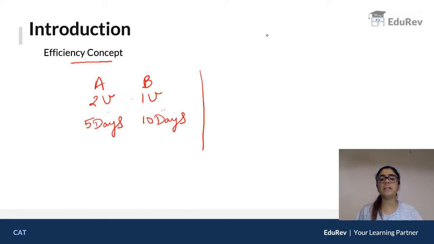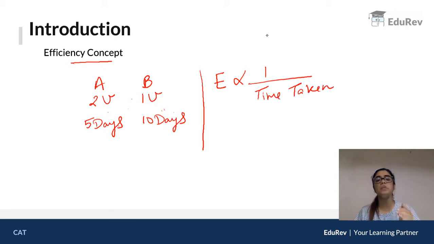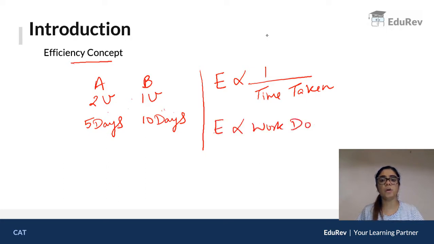So what can we conclude from this? We can conclude that efficiency is inversely proportional to the time taken. That means if you are more efficient, you take less time, and if you are less efficient, you are going to take more time. Also, your efficiency is directly proportional to the work done.